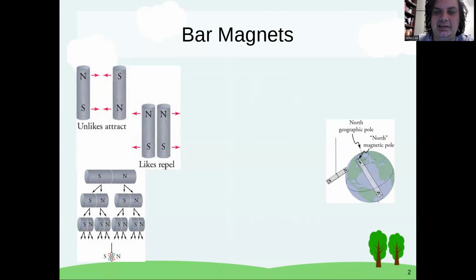The magnetic field of the Earth is caused by spinning magnetic metals in the core of the Earth, which is spinning slightly off from the actual geographic pole of the Earth.